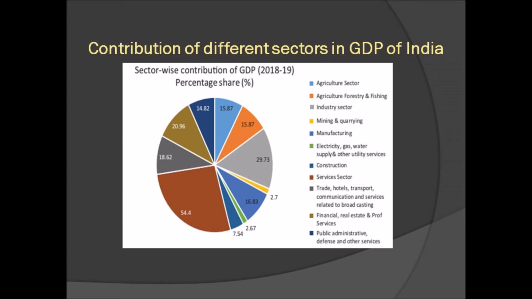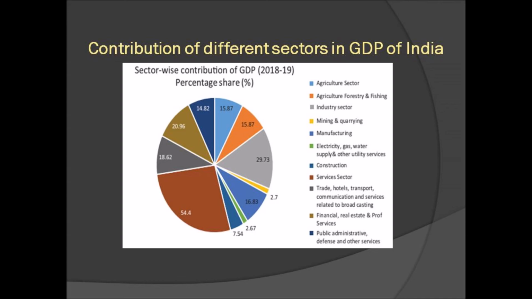The service sector's contribution to the GDP is the maximum, 54.4 percent. Gross value added at current prices for the service sector is estimated at 92.26 lakh crore in 2018-19.